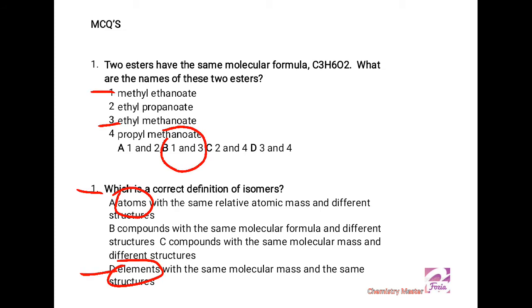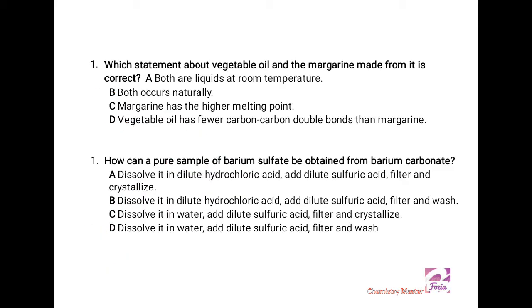Now we have to see option B. Compounds with the same molecular formula and different structural formula. Yes, that is very true that isomers are compounds having the same molecular formula but different structural formula. Okay, now the next one.